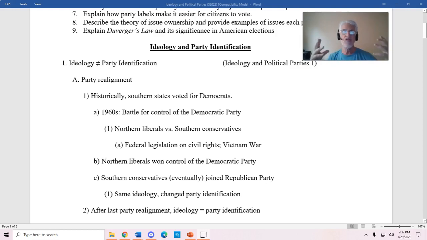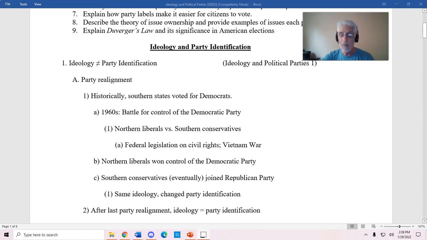They hadn't changed the view that they had about the role that the federal government should play. What they changed was their party identification. They were Southern conservatives who identified as Democrats, but after this party realignment, they were still from the South, they were still conservatives, but now the South became essentially the base of the Republican Party.